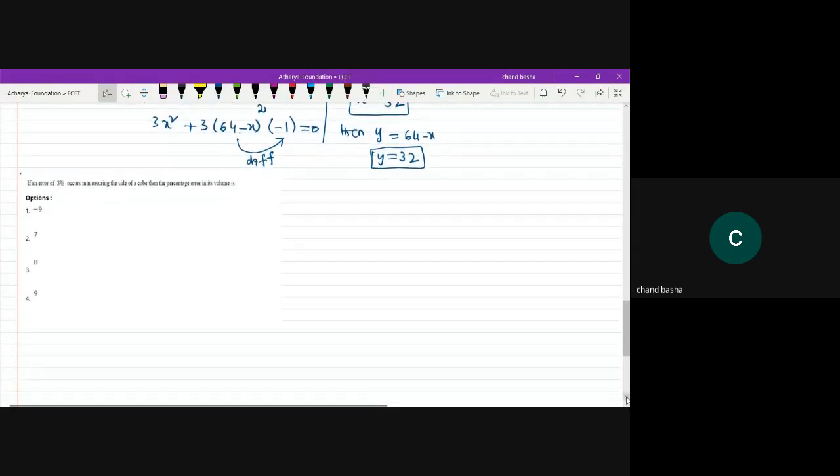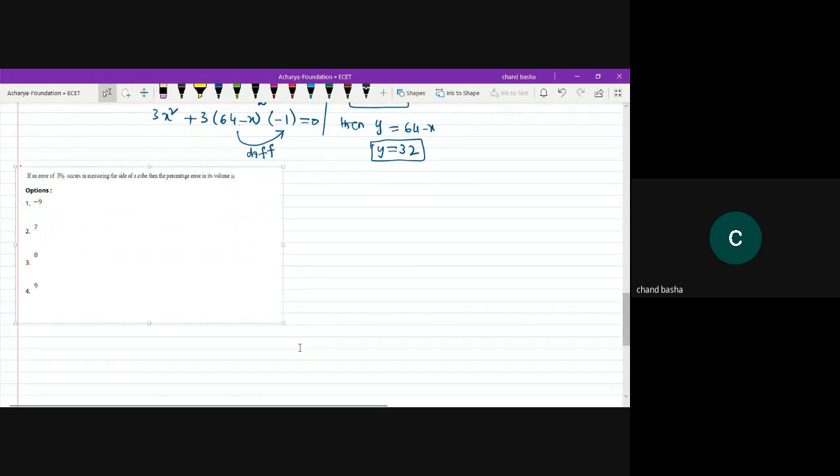Find the percentage error in the volume.